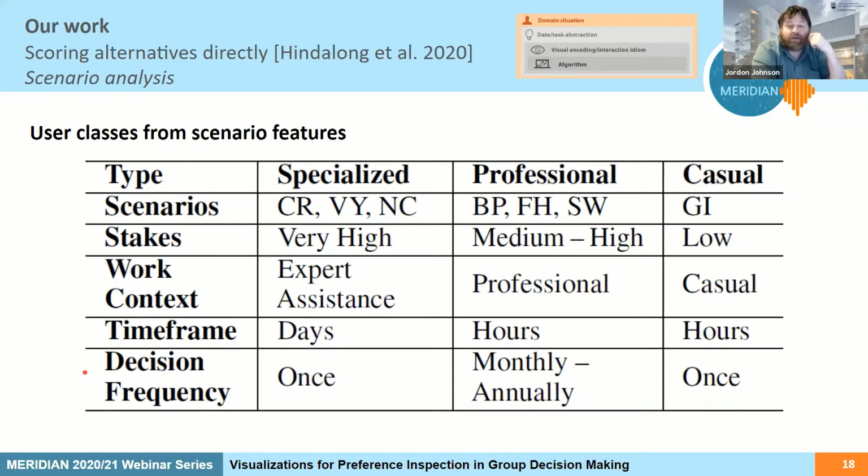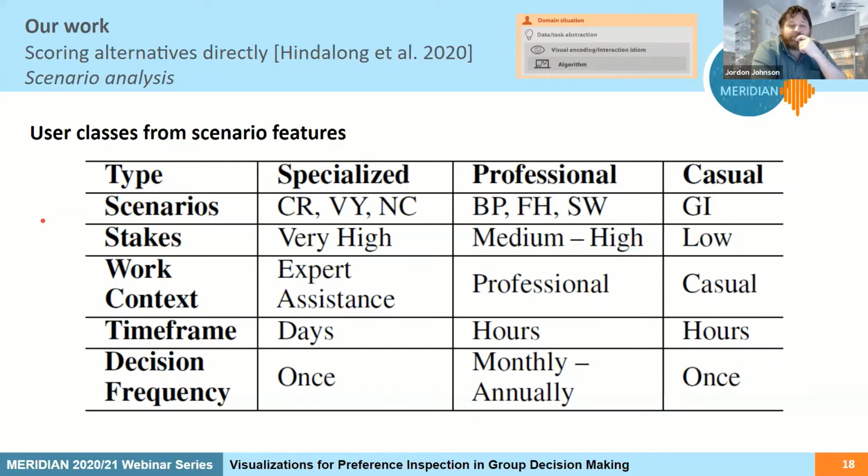So is this a one-time decision, or is it something that we know we're going to need to do repeatedly? For example, faculty hiring tends to happen on a yearly basis. From these features, we were able to come up with 3 overall user classes. So casual, kind of self-explanatory, professional as well, and then specialized is the case where you would definitely need to have people with expertise in decision-making.